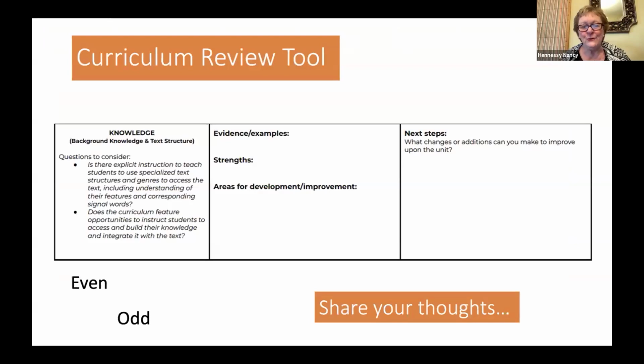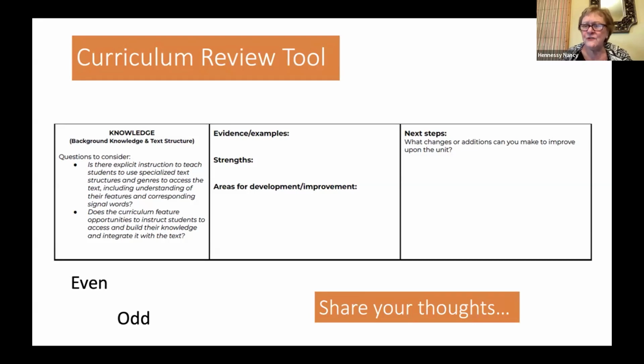And here's the curriculum review tool. Within the tool itself, we've asked you some questions on background knowledge and text structure. Here are the questions to consider. The first question has to do with text structure. The second question has to do with background knowledge. So thinking about evidence and examples, thinking about strengths, maybe areas for development or improvement, and next steps.